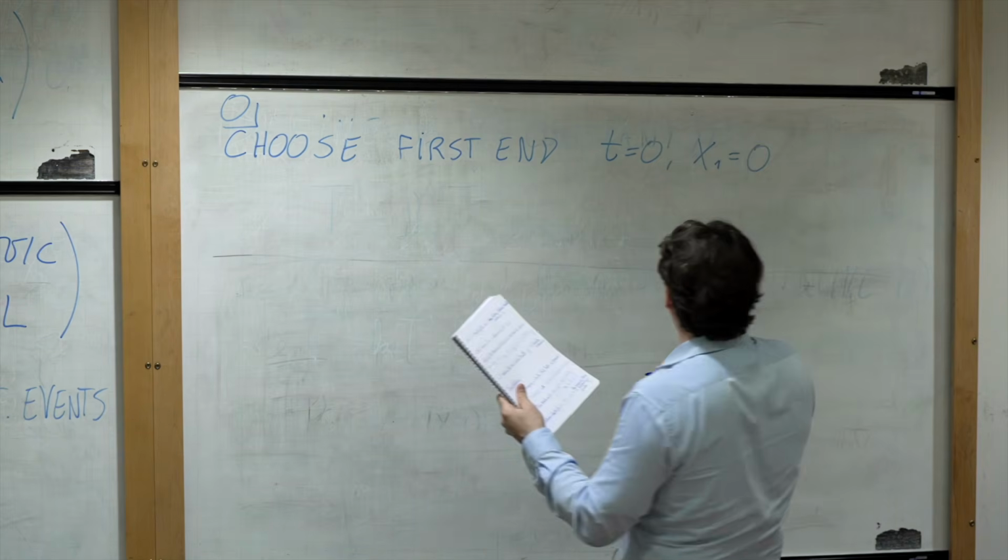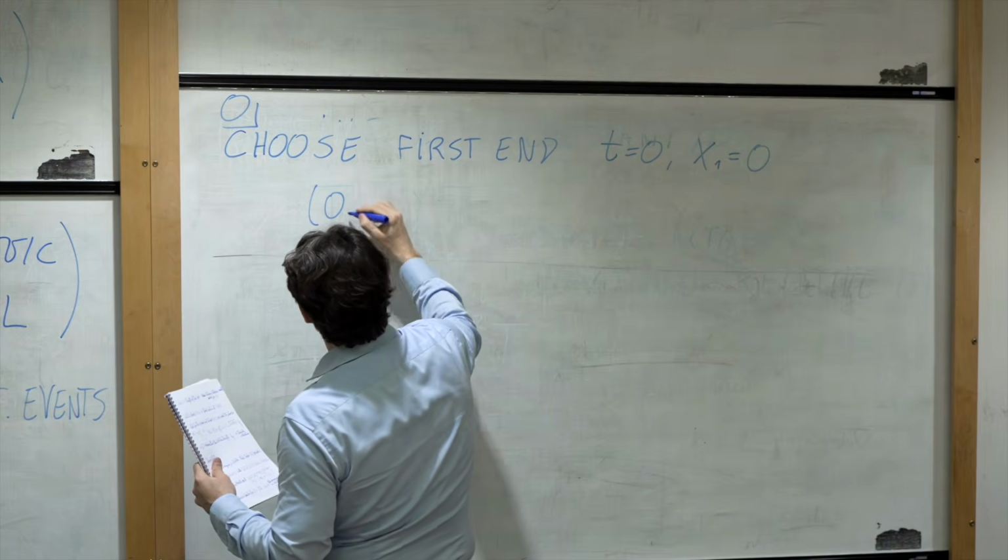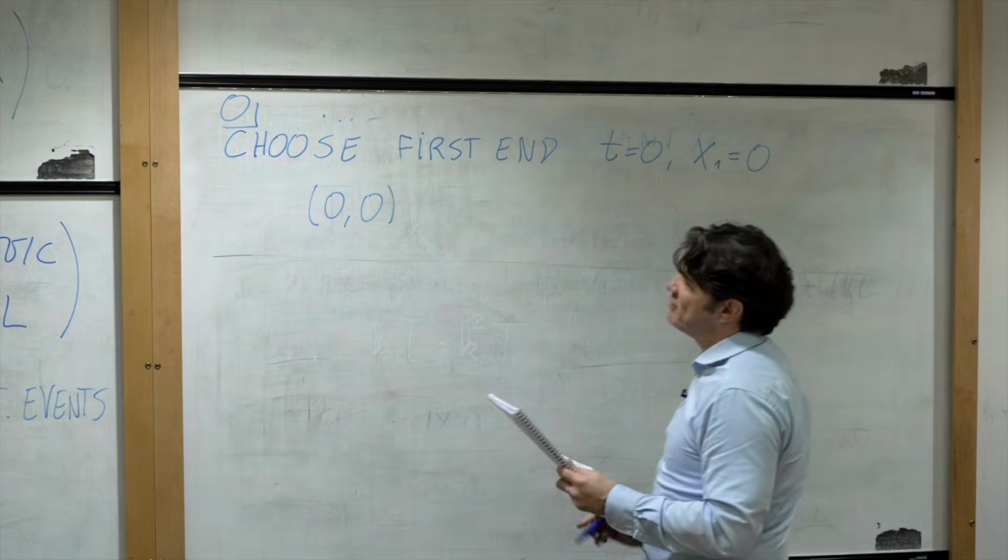So with respect to O, the coordinates of the first end are (0, 0).